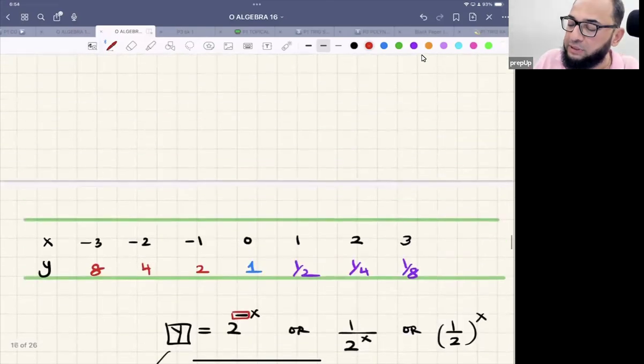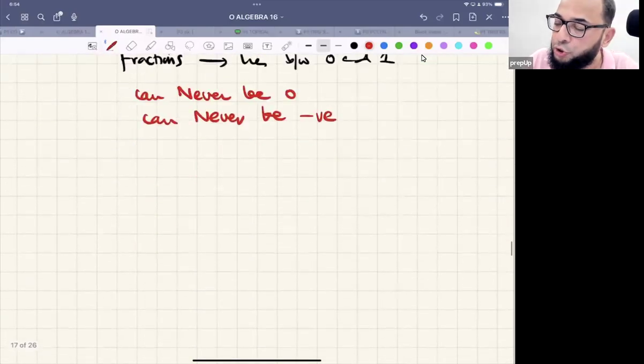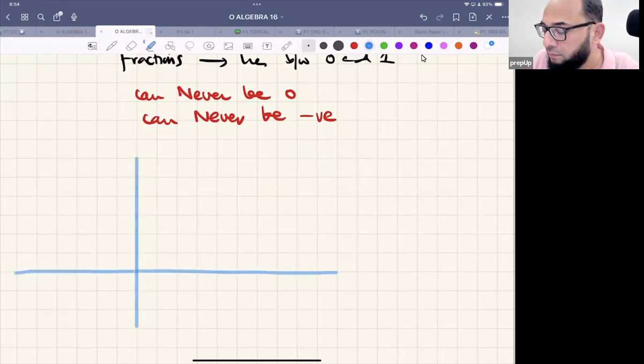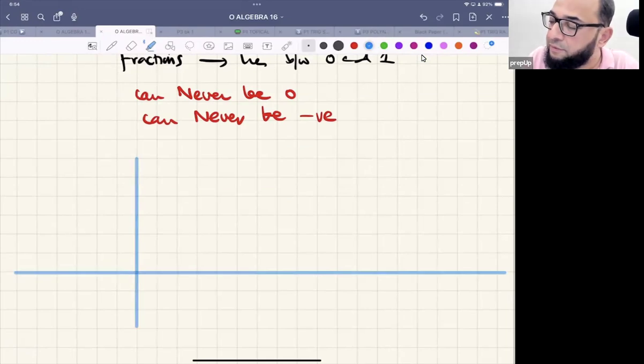So that's not possible. So again, if I draw this graph, over here, like this, and let me draw the purple graph over here, that's right over here.